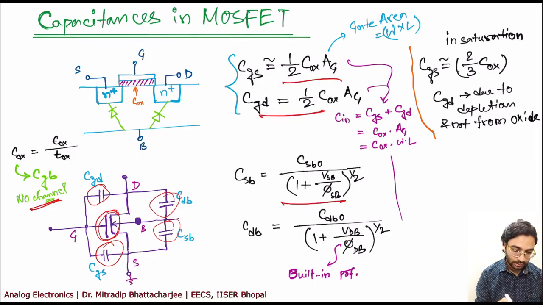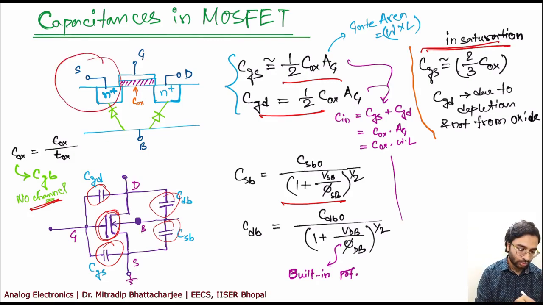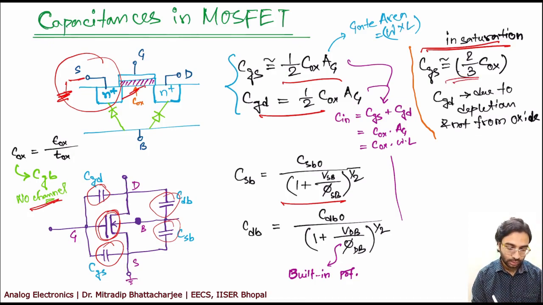For the saturation region, I said that the maximum share of the capacitance will be towards the source side, because the source side is grounded and the channel will shift towards that. So this will play an important role during saturation. However, in almost every case we will use Cin as Cox WL.